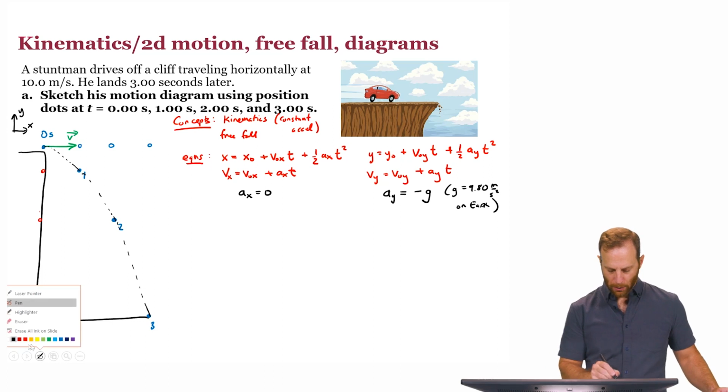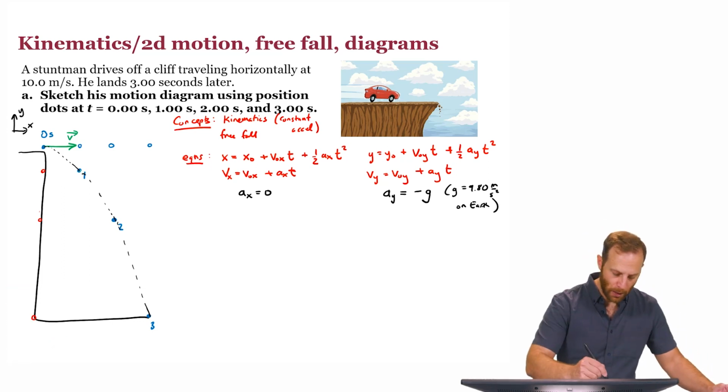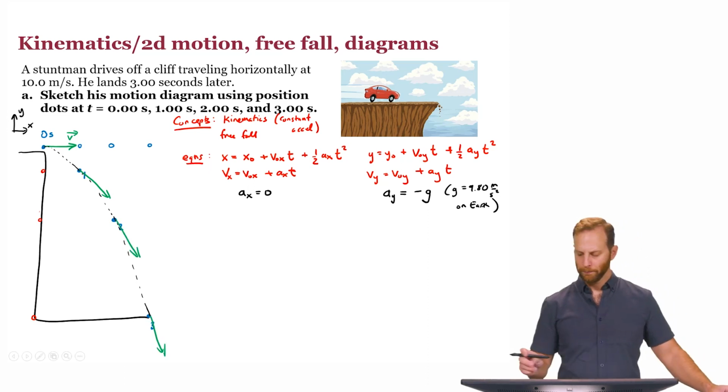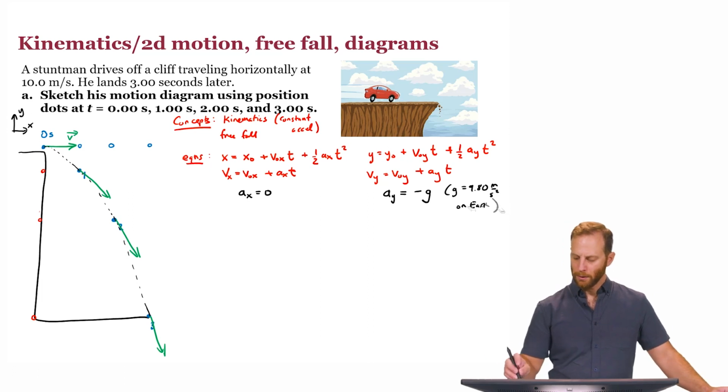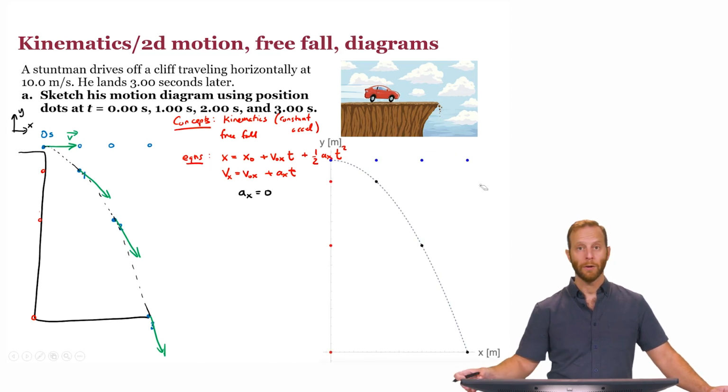The velocity is always pointing tangent to the curve, and so the velocity arrows should look like this, then this, and then this. Just to make things look a little nicer, I've pre-drawn one, which I will display for you here.